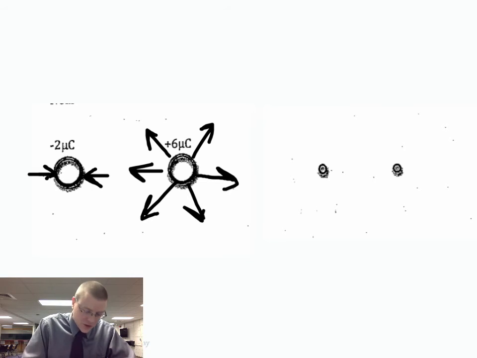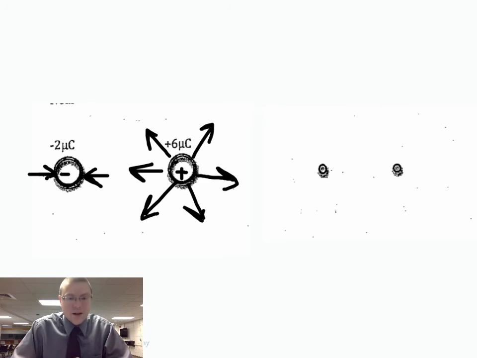So that's what the charges would look like very close to each other. I'd have a positive charge with 6 lines of force pushing away, and I'd have a negative charge with 2 lines of force pulling inwards. So I can see just from my visual that the +6 is stronger because of more field lines.